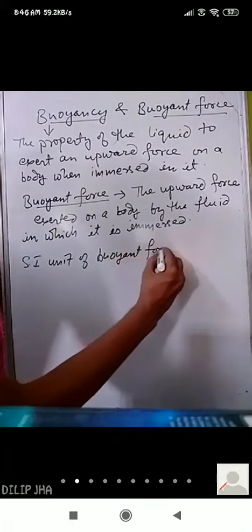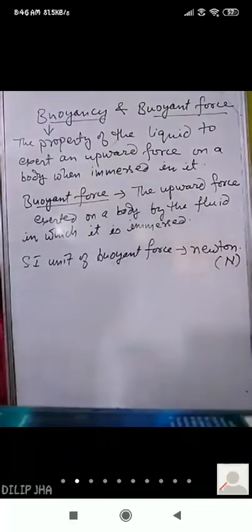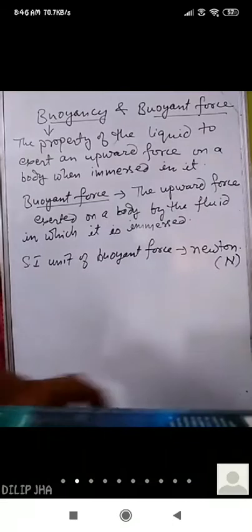SI unit of buoyant force: Newton, denoted by capital F. Or you can also write kilogram force. वो gravitational unit होता है kilogram force, kgf.